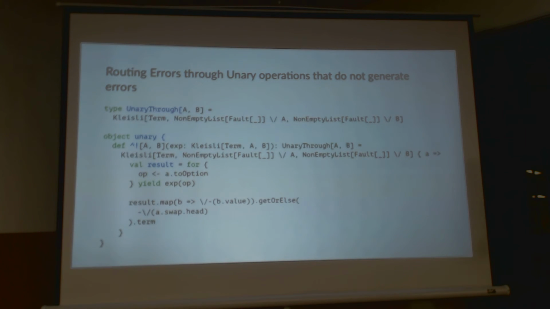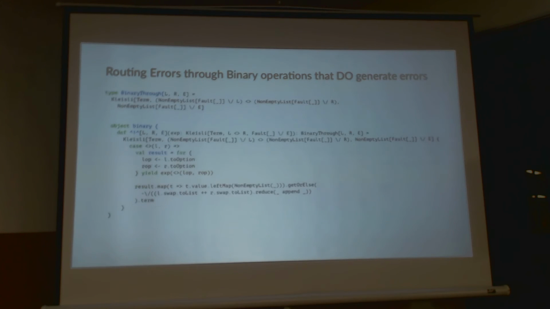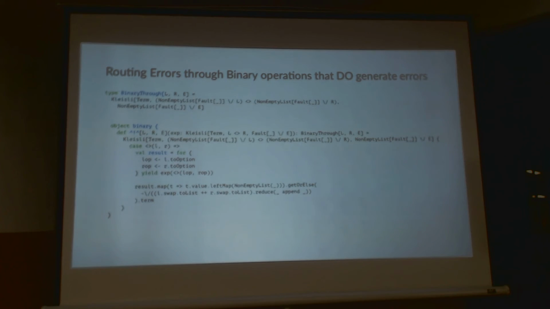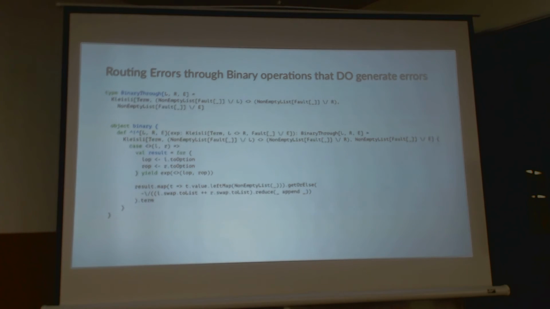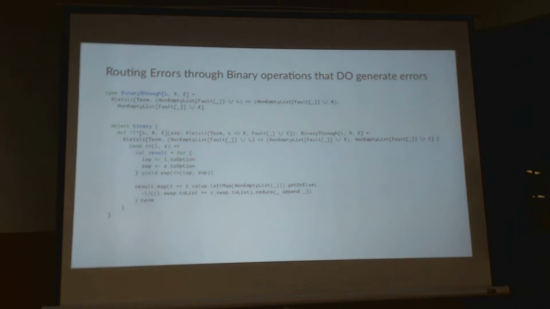So this makes sense. This is our error handling for a unary operator. Now for a binary operator, notice it's the caret, bang, caret. This one is for binary operations that may actually return errors as well. And it's very similar to what I showed before.